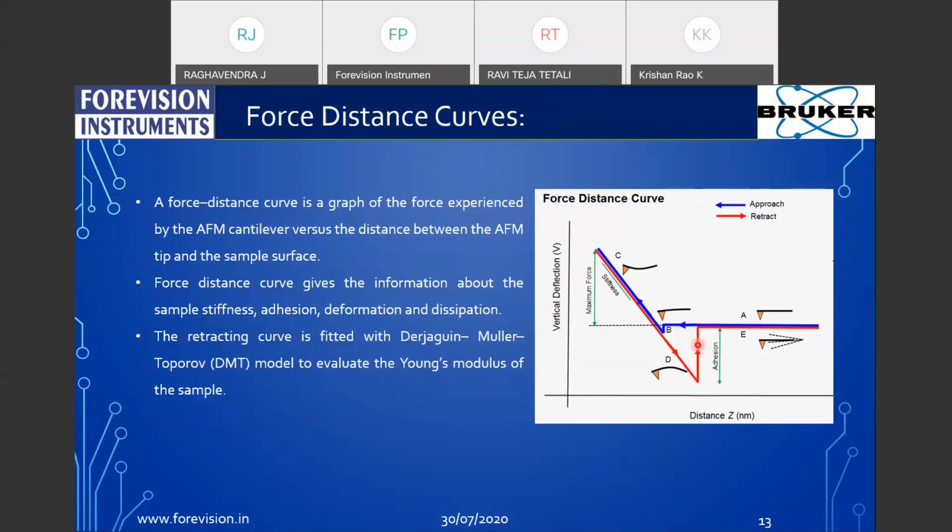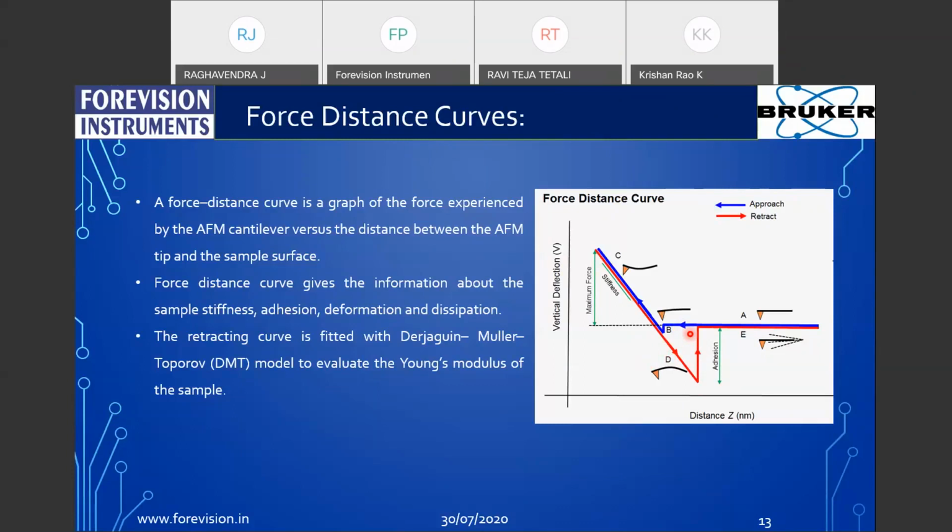And then if we fit the retracting curve, the red curve, up to here using a lot of models, but most commonly a DMT model, we can evaluate the stiffness or the Young's modulus of the material. And then we can also calculate the area under this red-blue zone, and this gives us information about the dissipation of the samples.